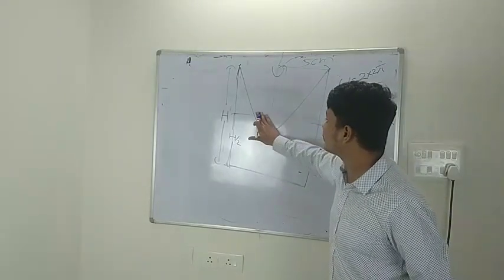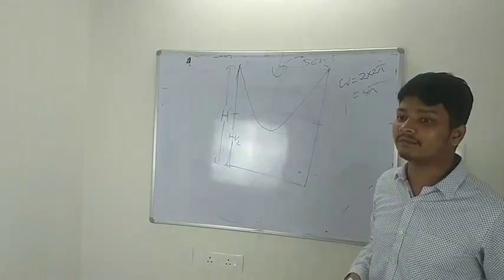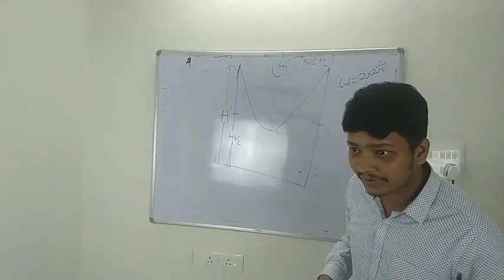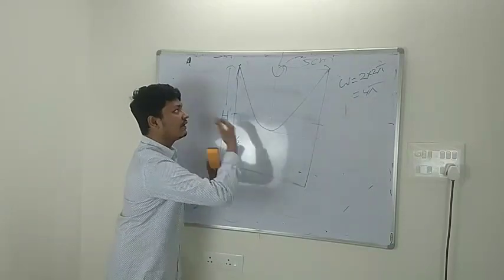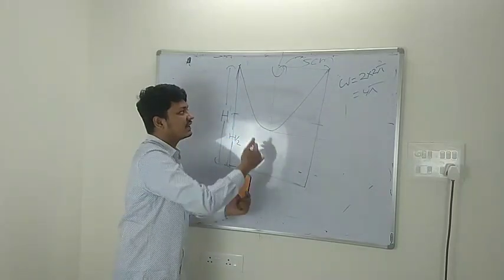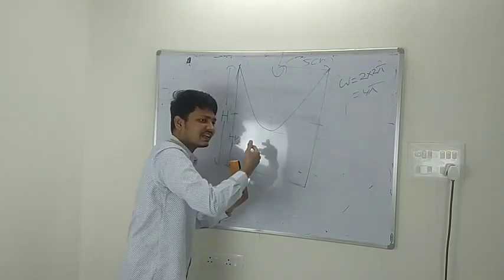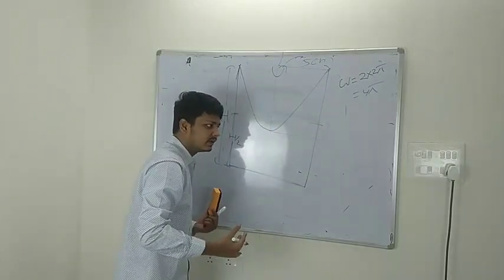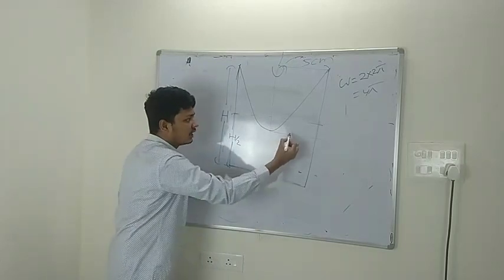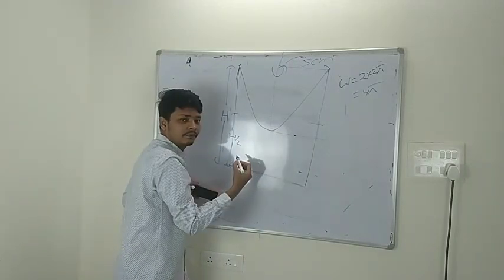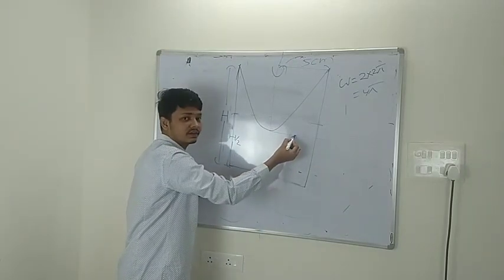Do you remember one formula? If you don't remember, I have to derive it. So when I rotate the vessel, the liquid forms a shape like this. I don't know the shape, I will find it. Let me take a point here, and what is the pressure here?